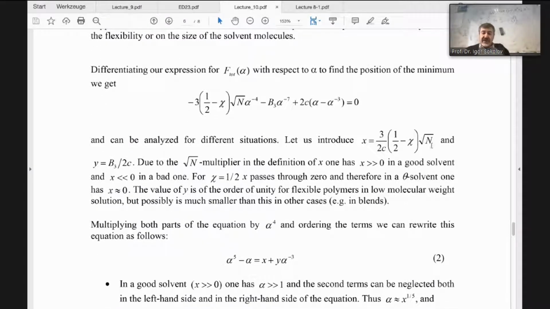Now, because I have a long polymer, when I play a little bit with chi, x immediately shoots up or, so to say, shoots down.